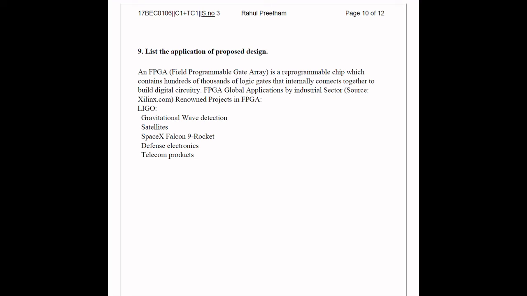We use this FPGA model in the LIGO observatory, which is used to detect gravitational waves. These gravitational waves need very sensitive equipment for their detection. This LIGO observatory discovered a black hole gravitational wave emission in the year 2015. In that we used the FPGA model.